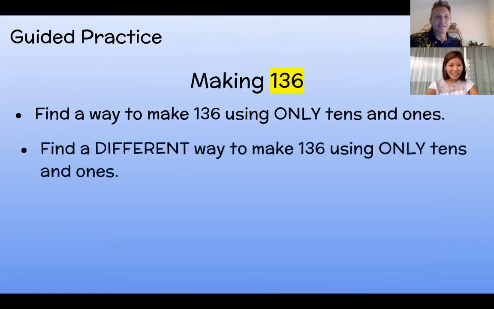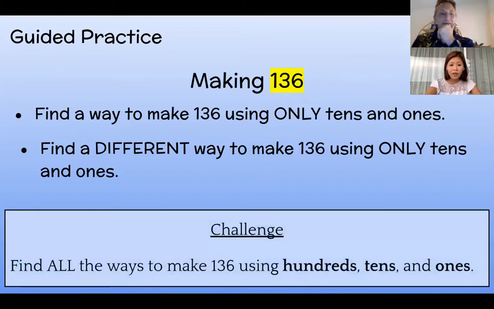And we showed a different way of making 136, again using just tens and ones, but still all equaled 136, and our picture looked a little bit different. We have a little challenge for you, though. We're not going to do this together, but if you have time, you can do this. Find all the ways to make 136 using hundreds, tens, and ones.